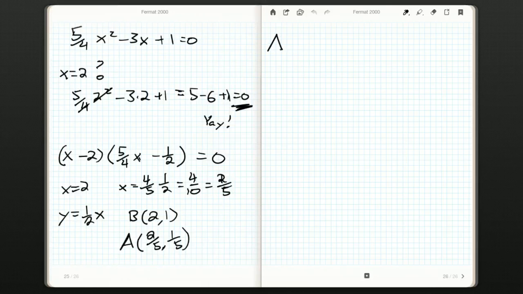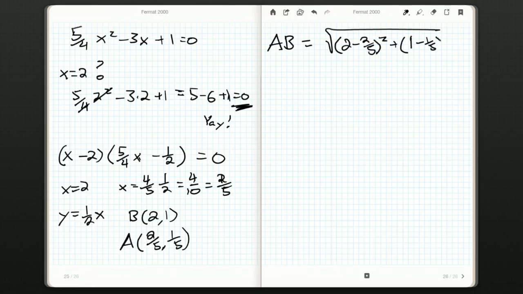Now, if we want the length AB, we use our little distance function. And so we take the difference in the x coordinates and square it. And we take the difference in the y coordinates, keeping the order the same, although it doesn't really matter, and square it. So 2 minus 2/5, that's going to be what, 8/5, all squared.